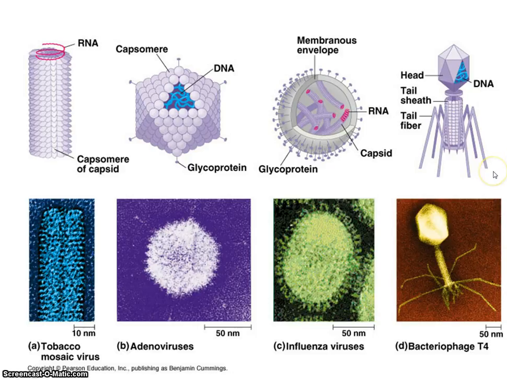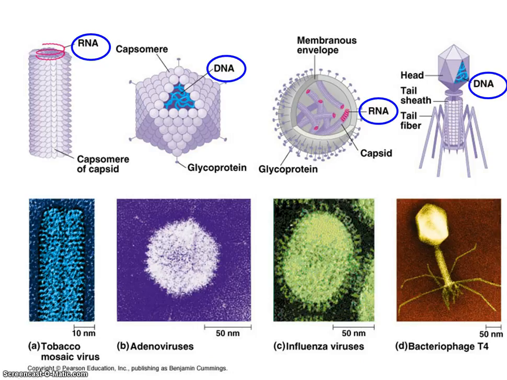But it is a very common type of structure. There's the area where the genetic material is located, the body or the tail, and then the legs, if you will, that allow it to attach itself to a living cell. So these are common types of viruses, whether it be column shaped, a circular shape, or this bacteriophage shape that kind of looks like an insect.